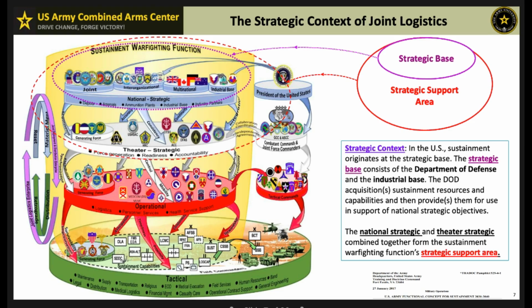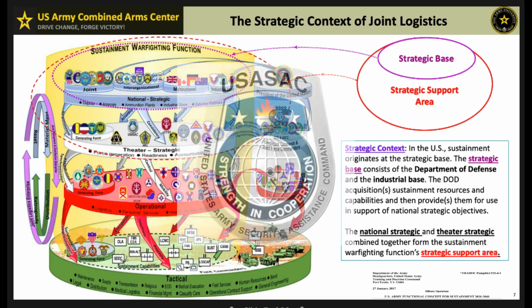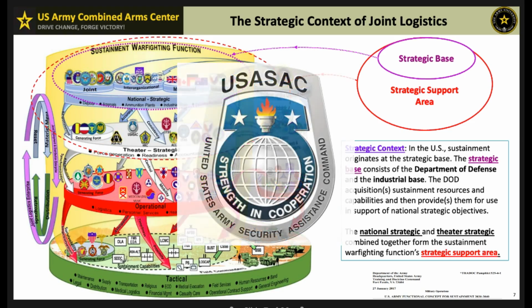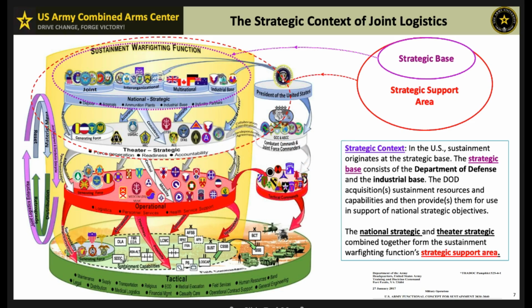This level is supported by agencies such as the Department of Defense, DFAS, and various Army-specific logistics commands or organizations such as the ASA ALT, the Assistant Secretary of the Army for Acquisition, Logistics, and Technology, also the ASALT, and USASAC.